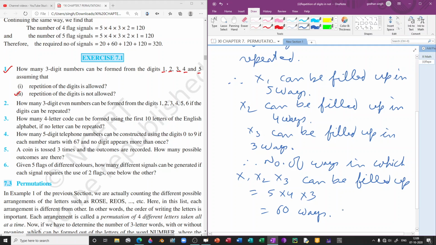So that means how many digits are there? There are 60 digits in the second part. So this is how we have got the answer.